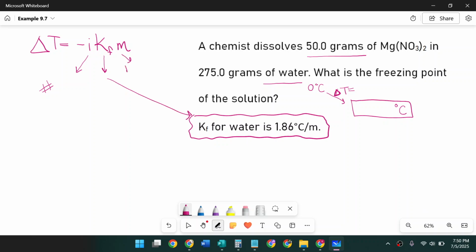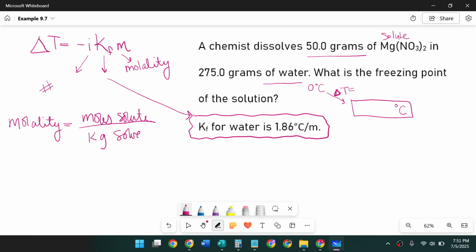And then this is our molality that we've just recently dealt with, which means it is the moles of our solute. And in this case, what is our solute? It is this. Let's label it. And we divide that by the kilograms of the solvent.